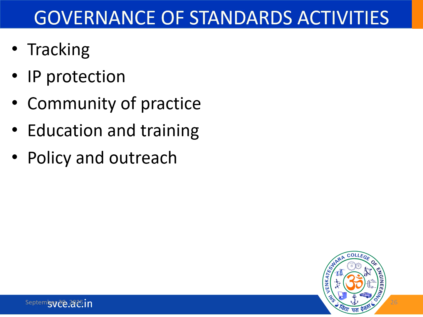Doing all these things will help ensure that legislators are informed about the impact of their efforts and that public policy does not duplicate or contradict industry standards, which can become a burden for the whole industry. So this is all about the governance of standard activities, where we have tracking, IP protection, community of practice, education and training, policy outreach, and so on.